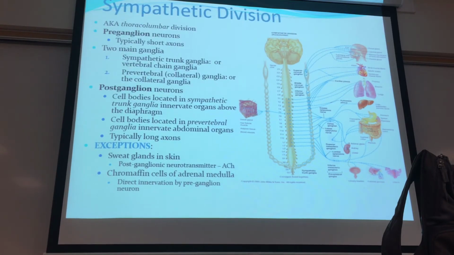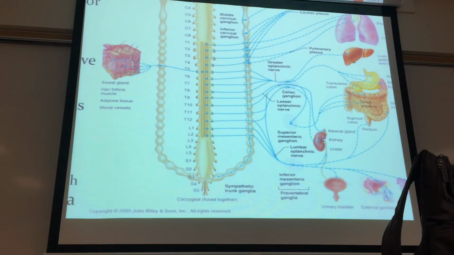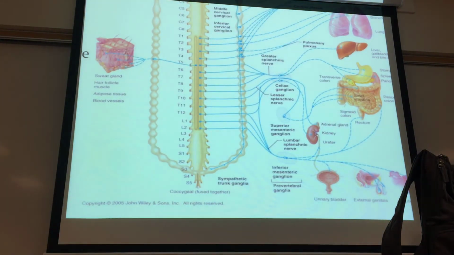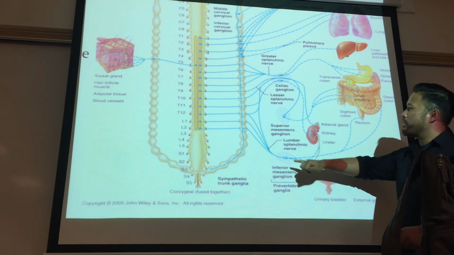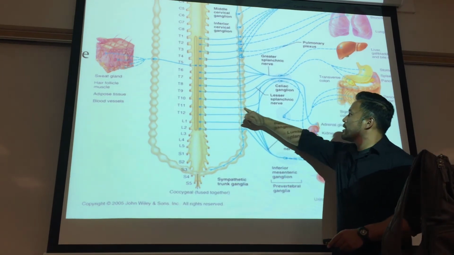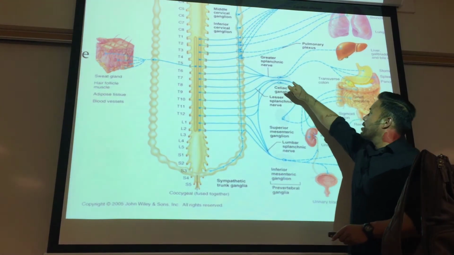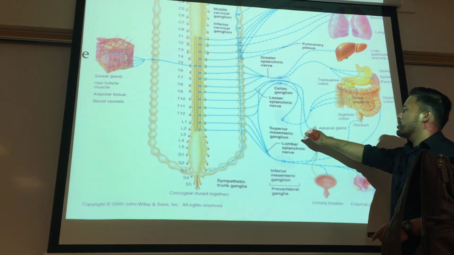Student: You said for the second one, the postganglion cells are located where? On the kidney? Of the chromaffin cells of the adrenal medulla? Yeah, the cells themselves are called chromaffin cells. They're in the adrenals. The solid line represents the preganglion neurons, and it goes directly to the adrenals.